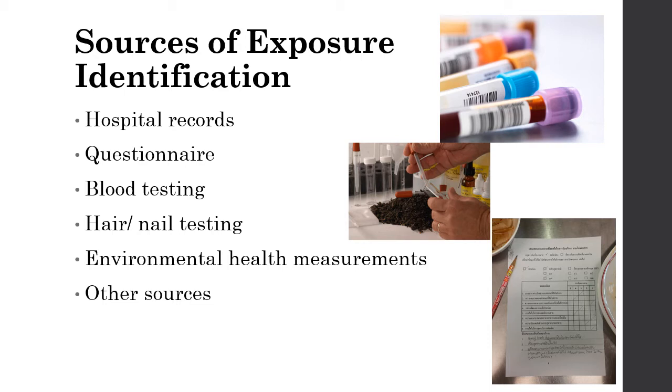That is the drawback of health records. So that's why they will go back to these patients and do further tests to collect data and information on exposure, mainly questionnaires.